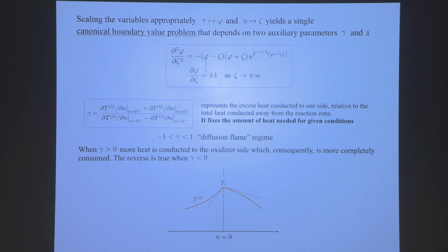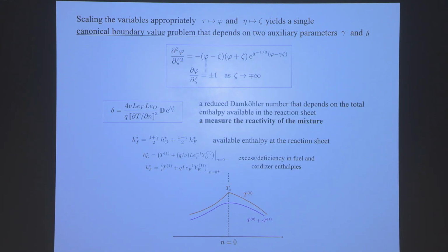So it's really how much more heat is transported to one side of the reaction zone as opposed to the other side. And in the denominator is in fact the sum of the two. Note, again, there is a minus, but one of the slopes is negative, so it's always a positive quantity. It doesn't go to zero. So the parameter gamma fixes the amount of heat needed in a given condition, given the outer solution.